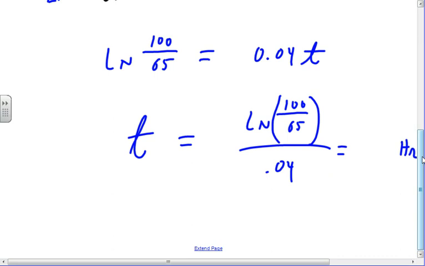Okay, natural log of 100 divided by 65, the whole thing divided by 0.04. Boom. 10.7 hours. 10.8 hours. 10.8 hours.